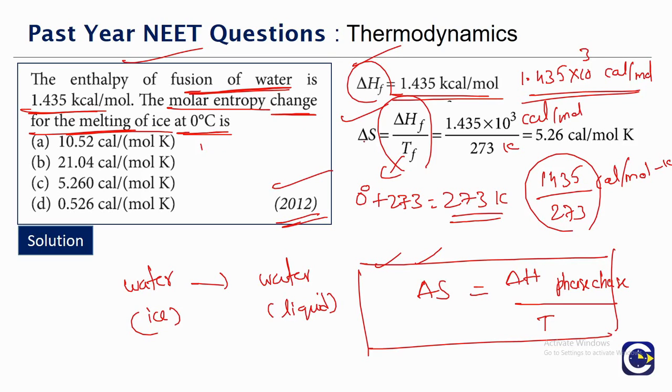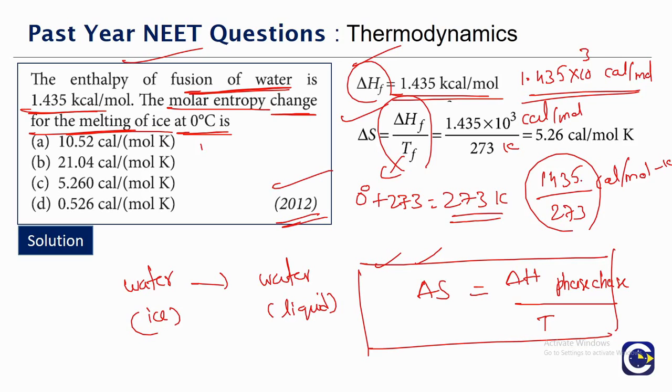You don't need to calculate up to the last decimal place. Look at these options: option A is 10.52, option B is 21, option C is 5.26, option D is 0.526. 1435 divided by 273 means, if you take 1500 by 300, that is 5, which means this is somewhere around 5.